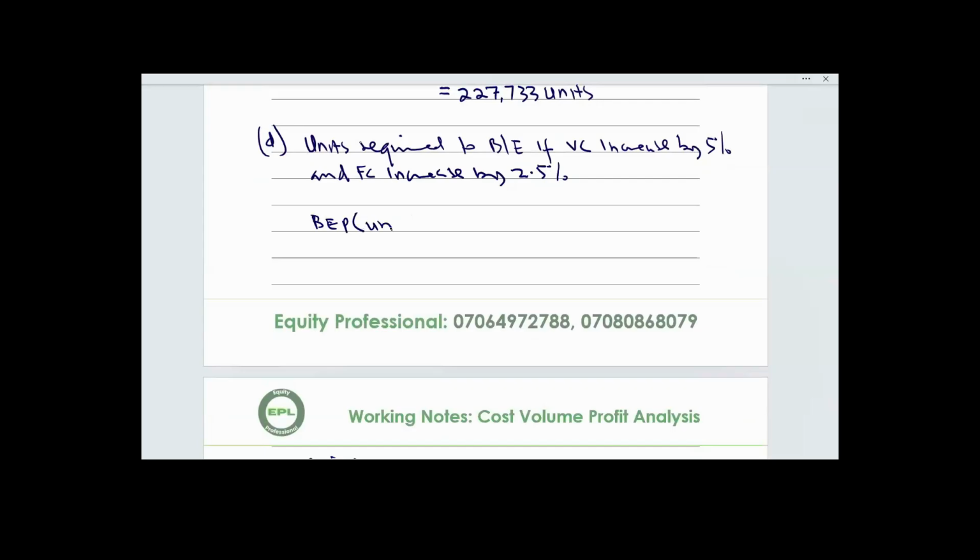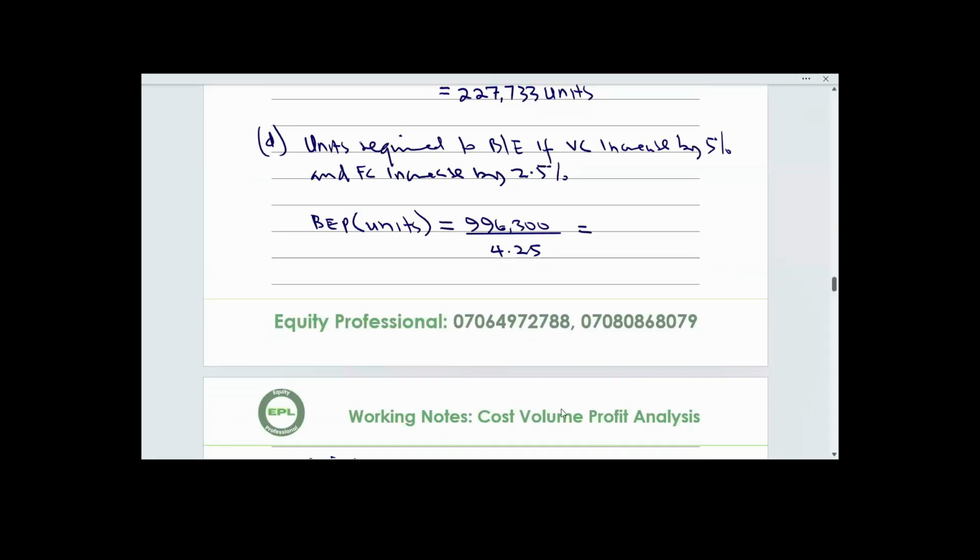in units equal to our revised fixed cost, which is 996,300, over revised contribution per unit, which is 4.25.